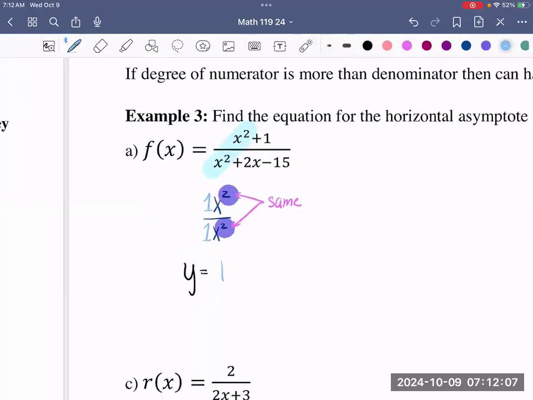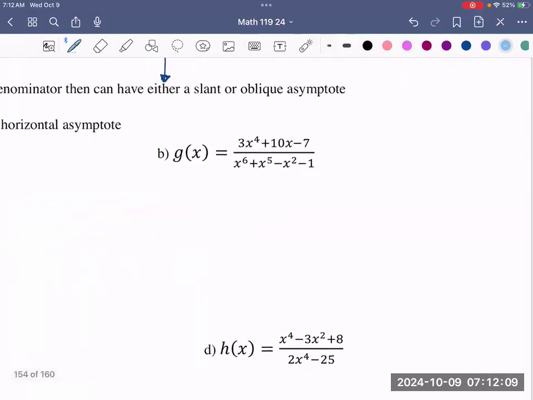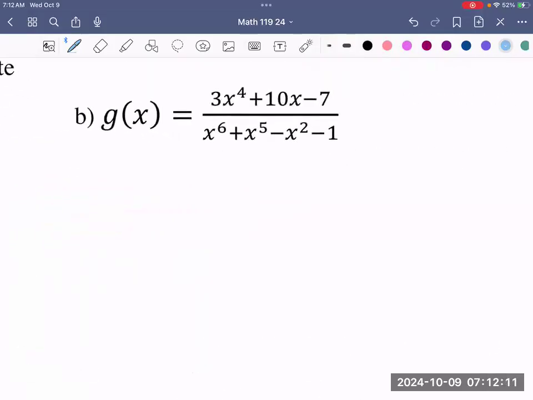Let's try it again with b. Again, we're looking at the leading terms. So we look at 3x to the 4th over x to the 6th. Make sure you check all of your terms. Sometimes we tuck some in just to see if you're aware and looking.